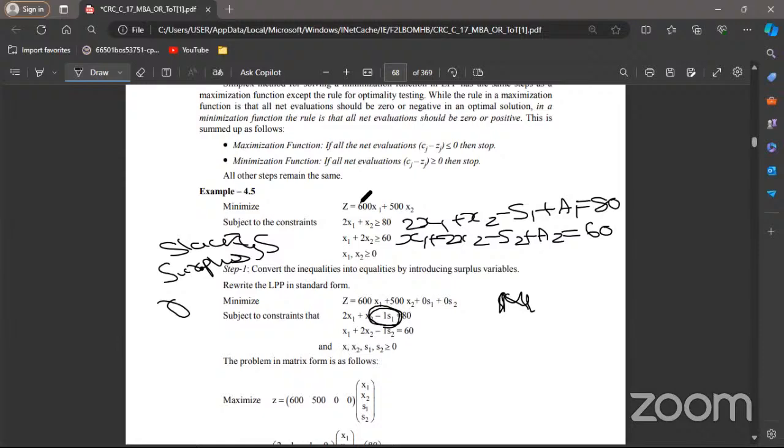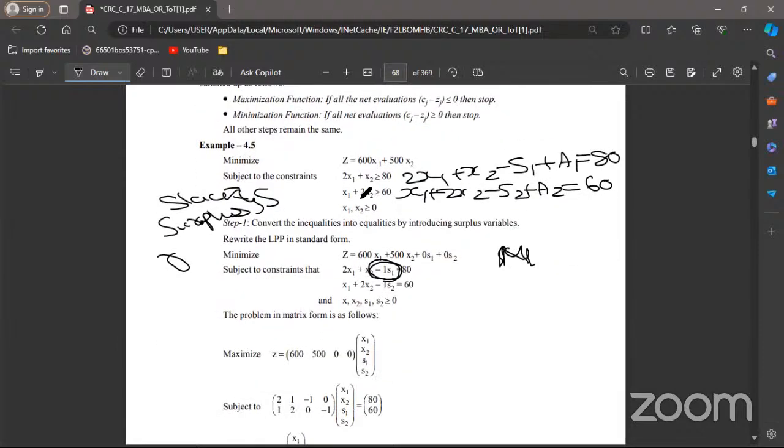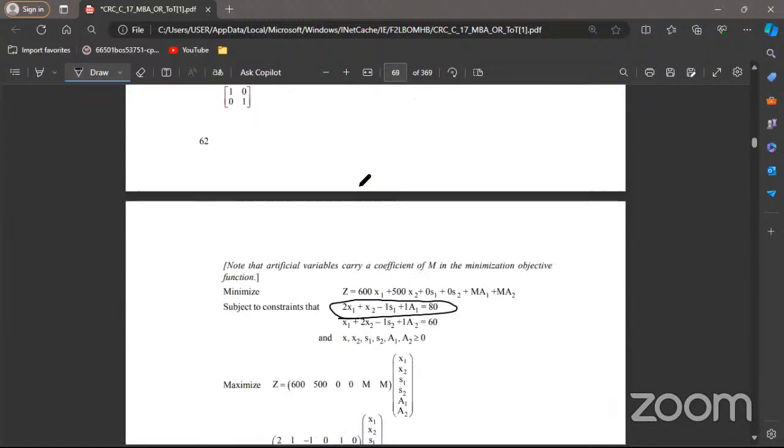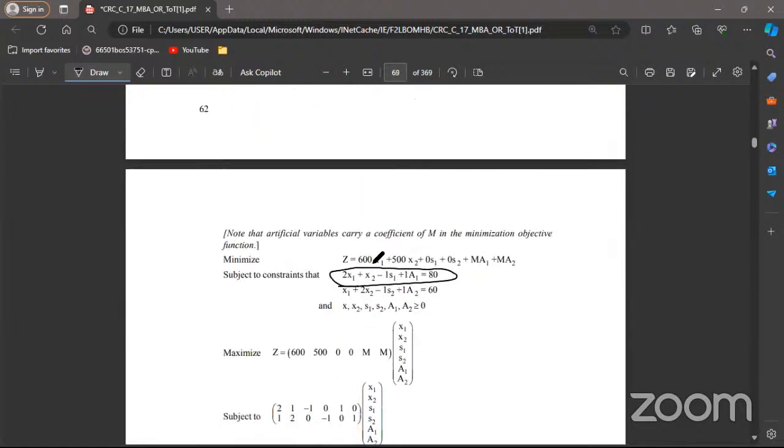So if the objective is to minimize, you can see here how they have changed the objective: 600x1 plus 500x2 plus 0S1 plus 0S2 plus MA1. Are you getting the point?